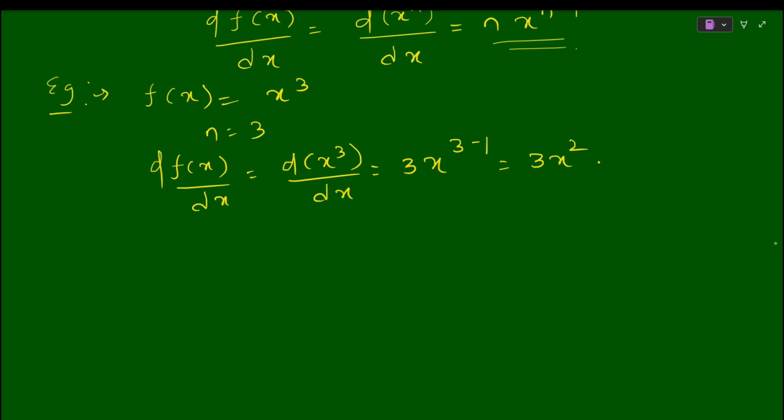Taking another example, suppose f of x is equal to 1 by x. Here the function is not in the form of x to the power n, but we can make it so. The x is in the denominator.